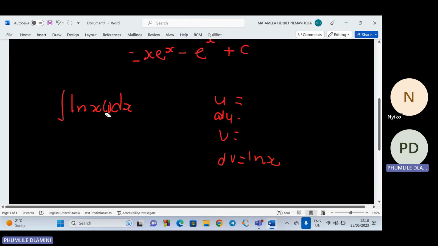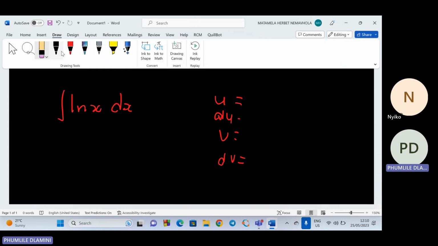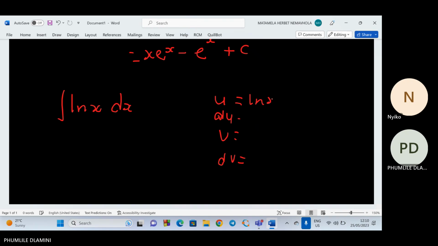So if it's not easy for you to find which function you differentiated in order to come to ln x, then you will start with u as ln x, because when we differentiate ln x, we know that the answer is 1 over x dx.